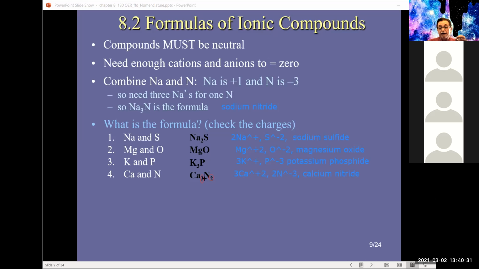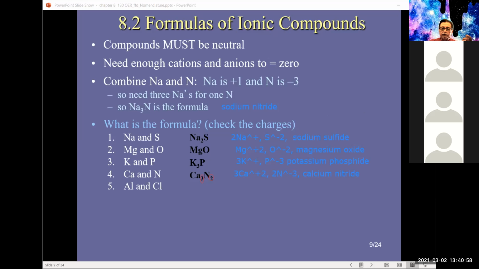As if the corresponding charge you can use and do a little cross there to help you out to figure out the subscript. But if you don't see that, don't do that. It will confuse you. Just stick with, I got three positive 2s and two negative 3s. Okay. All right.